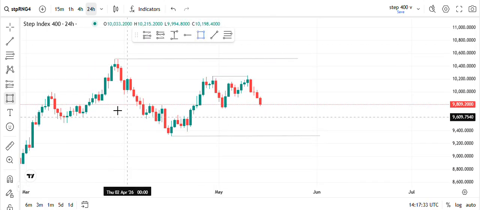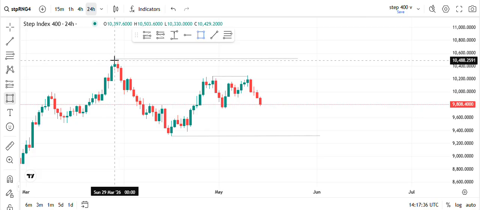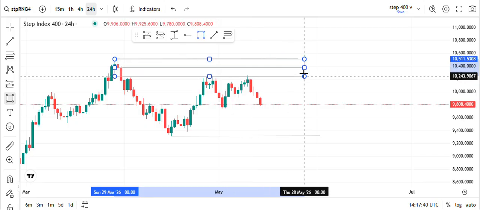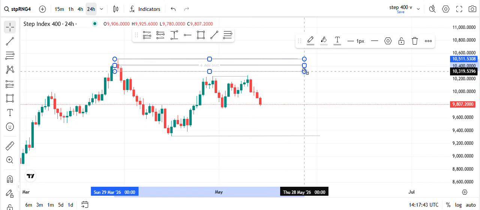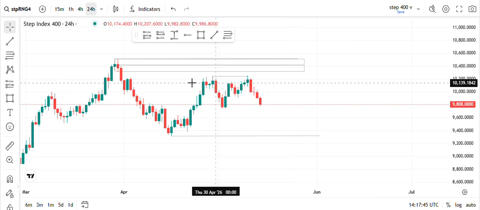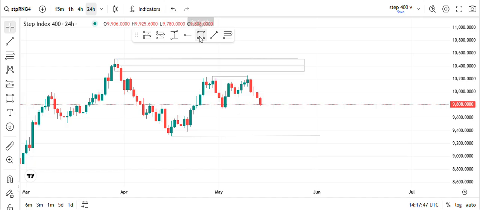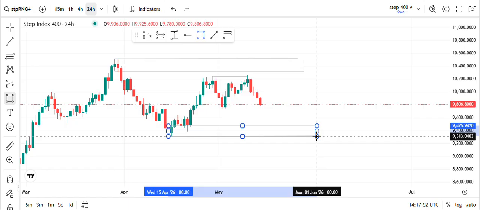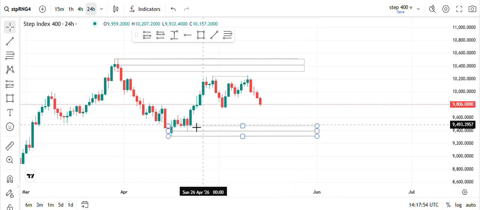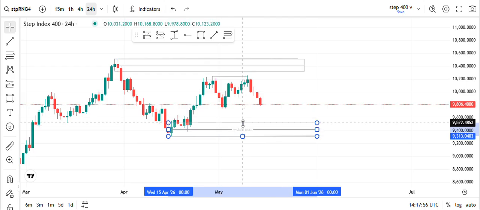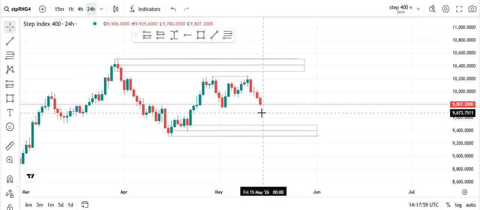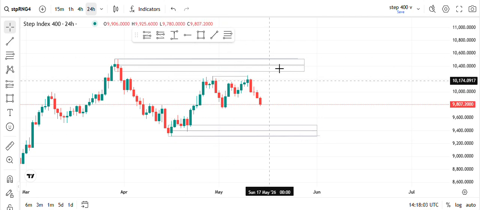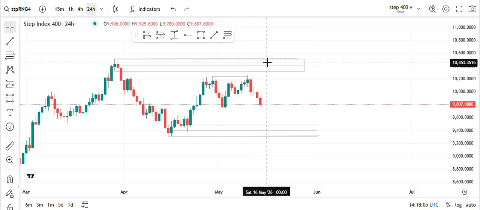Then let's see the other block. It hasn't been tested yet. Then if we check this other block, it has been tested, and it hasn't reached this level yet.